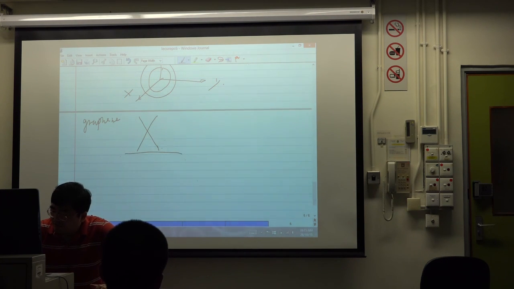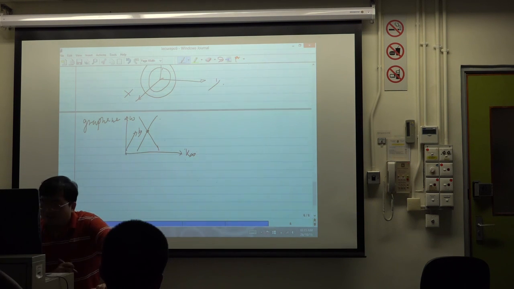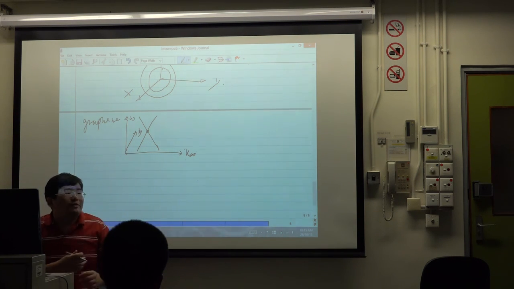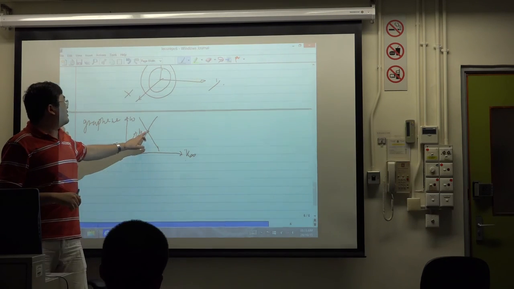Maybe this is Kx, Ky, and this is omega. This shows it better. I said there's not too much new idea; everything just repeats the original work. This is graphene. Graphene has a Dirac cone, so there's no band gap.